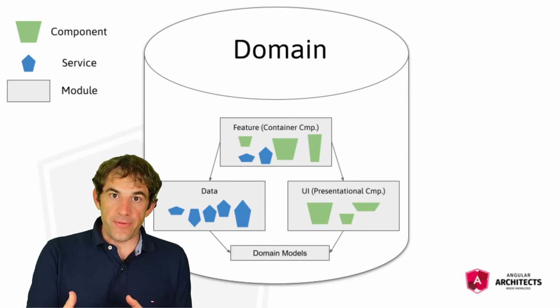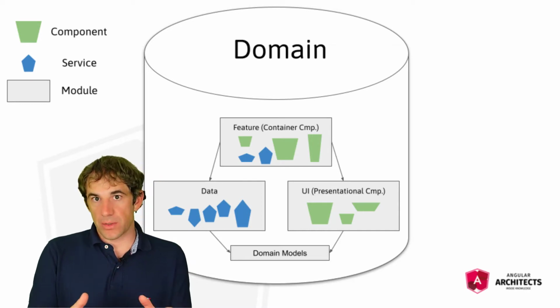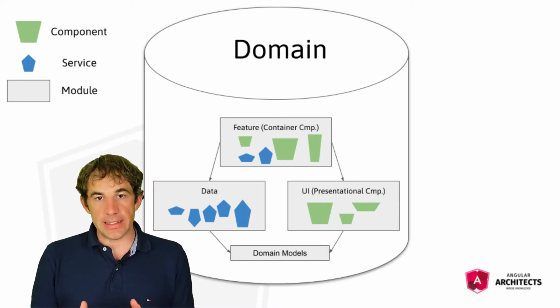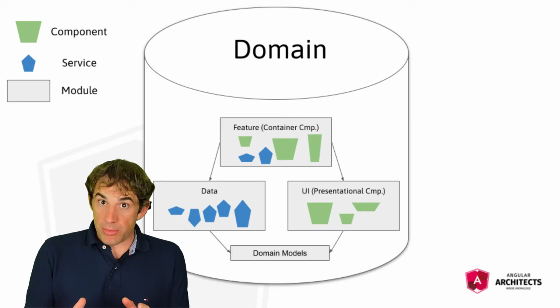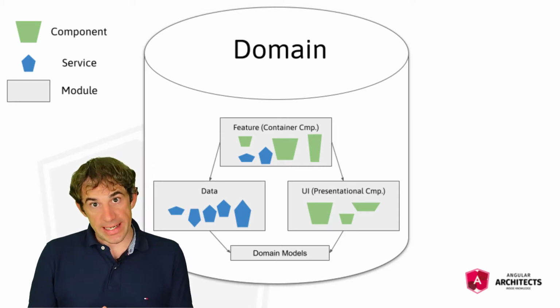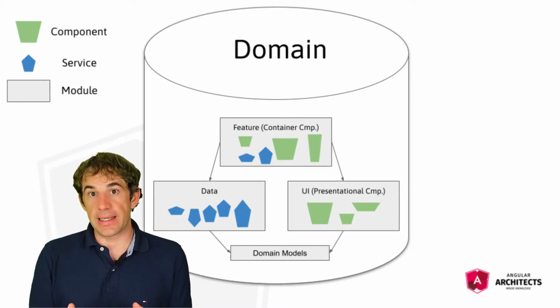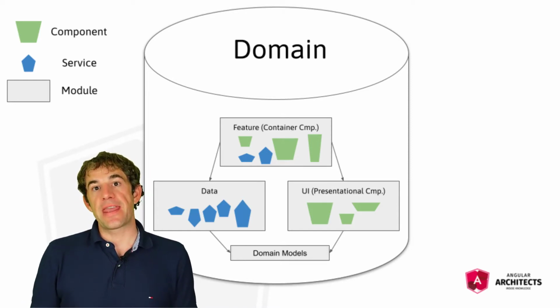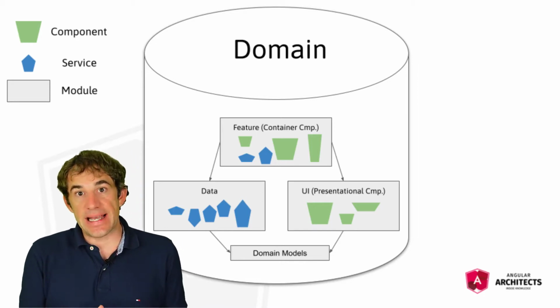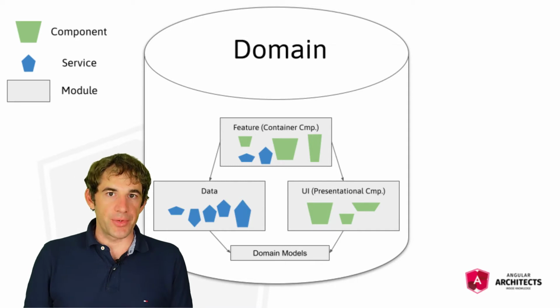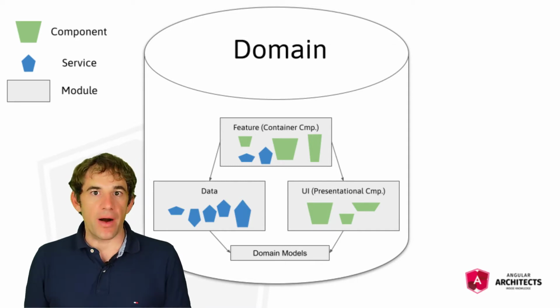And if we apply Nx, so not just using the normal Angular CLI but the Nx extensions, it is also possible to enforce these access restrictions. We have a linter which we can run automatically, and it will tell us if an access violation has happened or not.